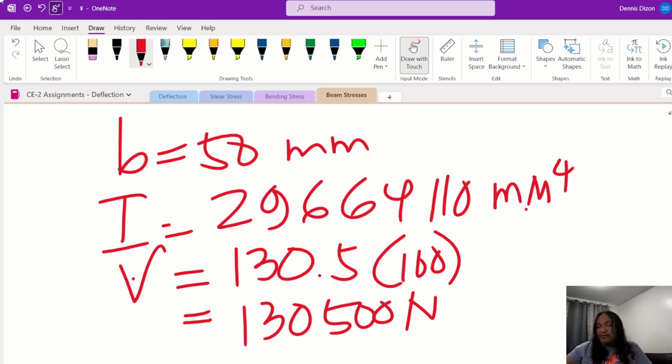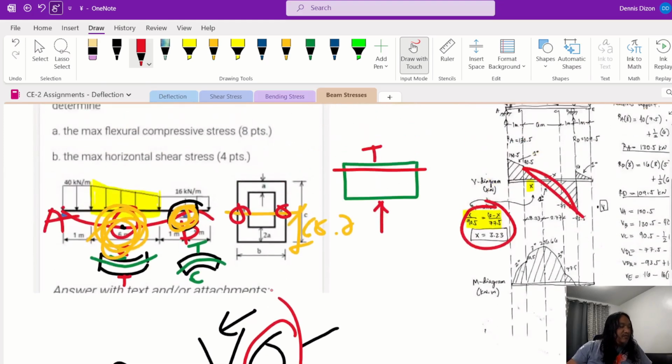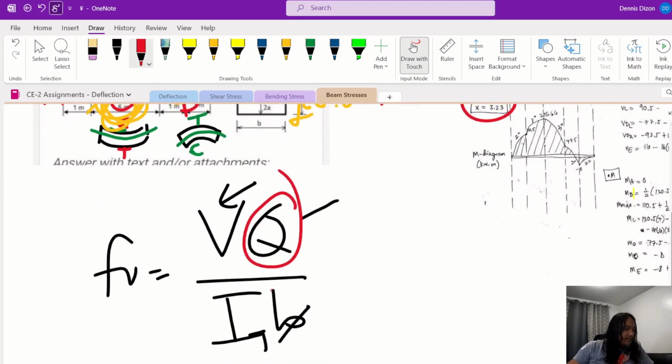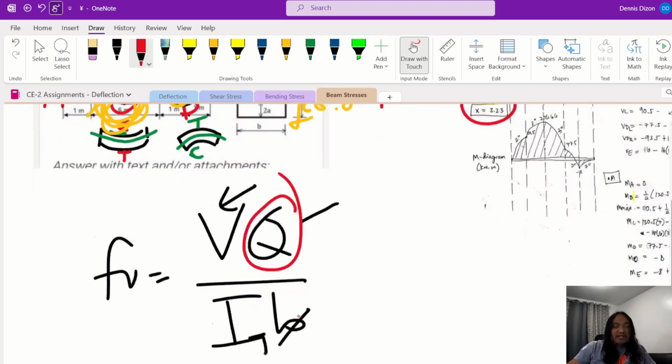So the only missing one is our Q, the first moment of area. We will determine it either from the top of the neutral axis or from the bottom of the neutral axis.